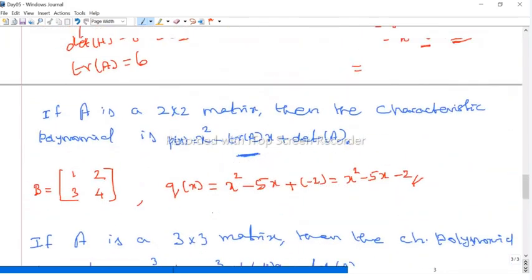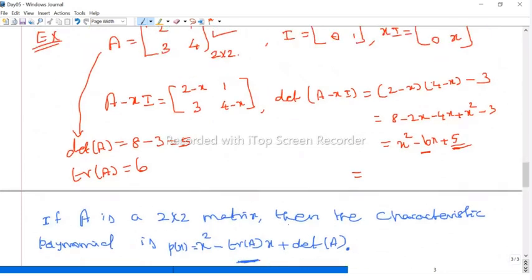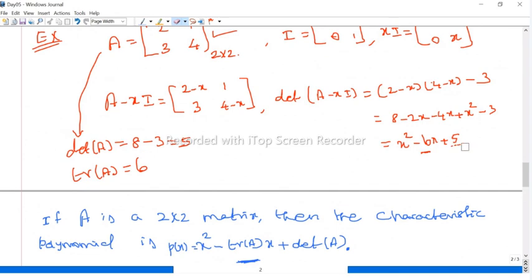In the previous example, look at the 2 by 2 matrix. Here x square minus 6x plus 5 is the characteristic polynomial. Now what are the roots of this polynomial? Otherwise you can use the formula, since this is a quadratic polynomial: minus b, and b is minus 6, so 1 and 5.